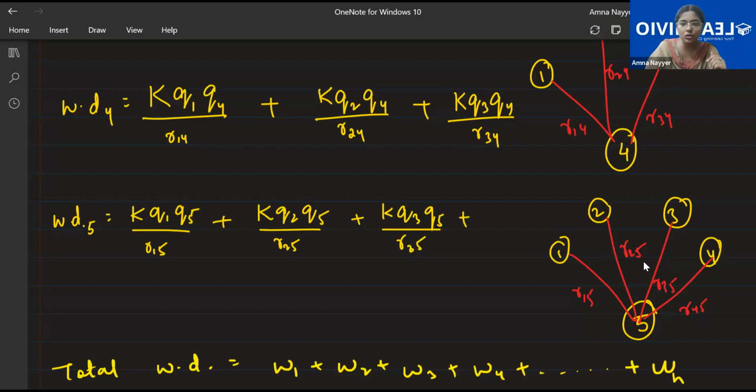Then these two are there, K Q4 Q5 by R45, like this. Now 6 are there, 7 are there. Do you get it? How to write this part? Yes, class? Yes, ma'am. Everybody?